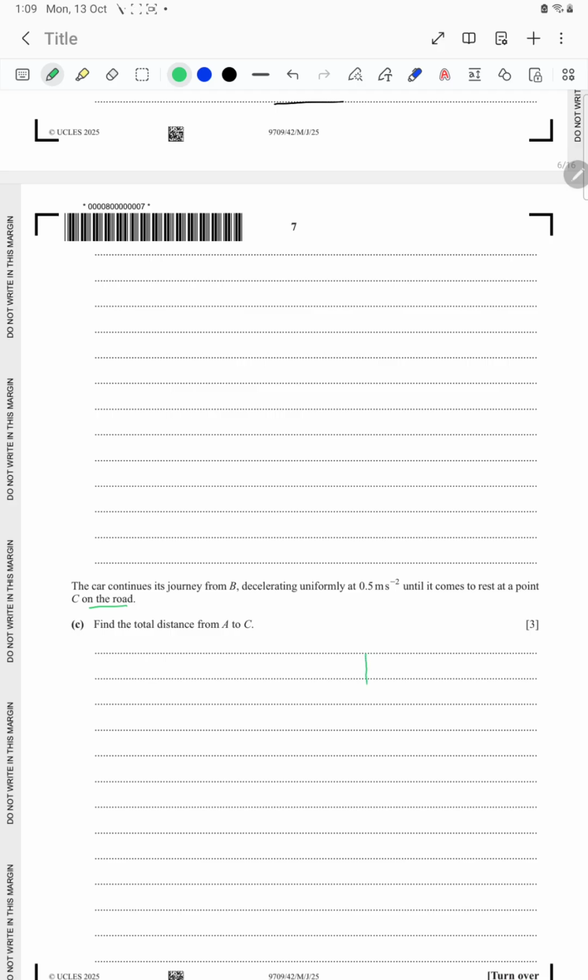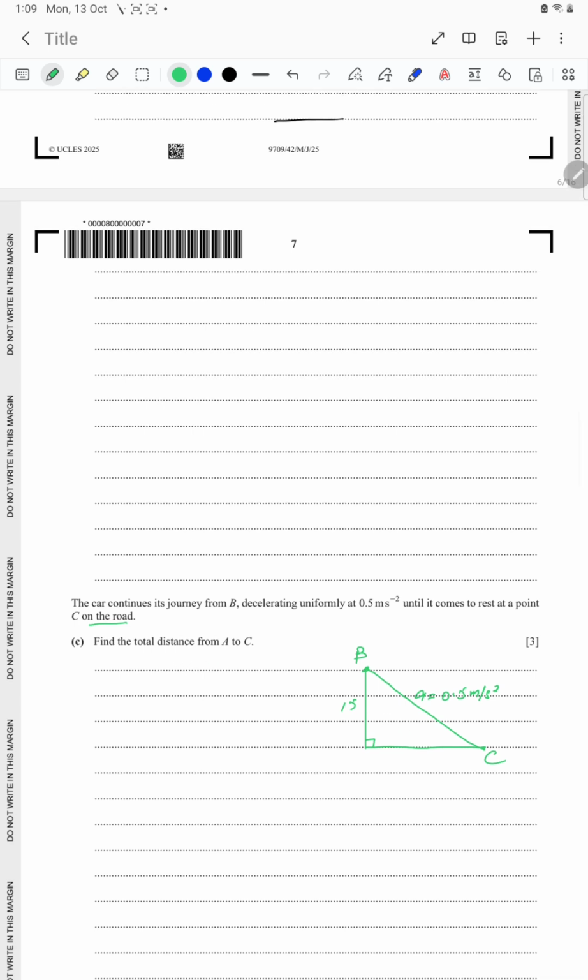If I draw the figure separately, this was B, and after decelerating with a equal to 0.5 meter per second squared, it comes to rest at C, and this was 15 meter height. Already we know this. Find the total distance from A to C.